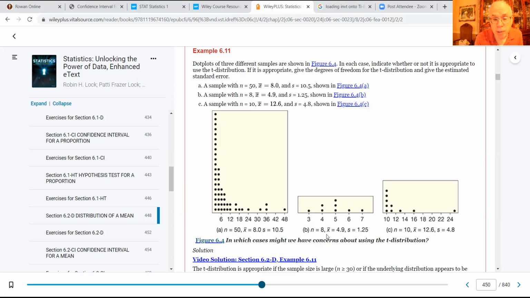In the middle here, notice sample size is 8, that's less than 30, so the sample should look symmetric, and it does. So in this case, it's okay to use the t-distribution. In this case, however, it's skewed to the right, and the sample size is less than 30. In case C here, we cannot use the t-distribution. We can't construct our confidence interval in the normal way.